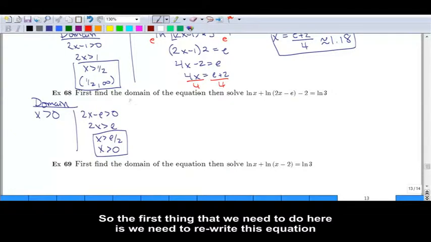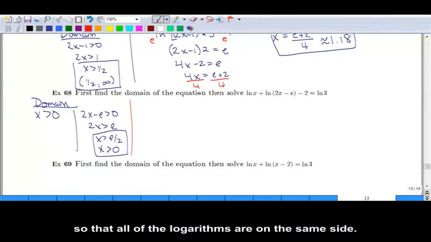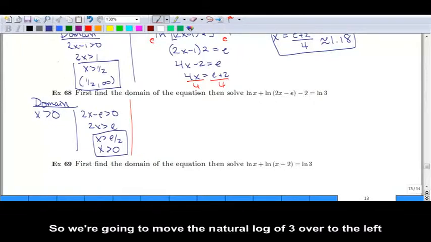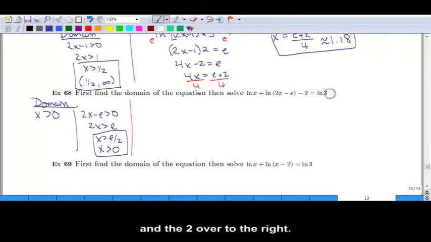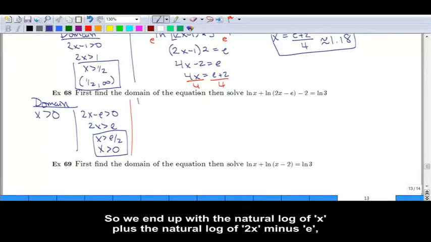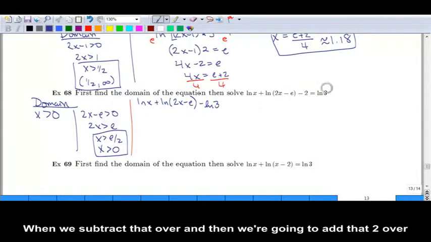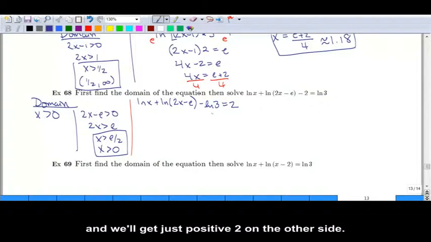So the first thing that we need to do here is rewrite this equation so that all of the logarithms are on the same side. So we're going to move the natural log of 3 over to the left and the 2 over to the right. So we end up with the natural log of x plus the natural log of 2x minus e minus the natural log of 3 when we subtract that over, and then we're going to add that 2 over, and we'll get just positive 2 on the other side.